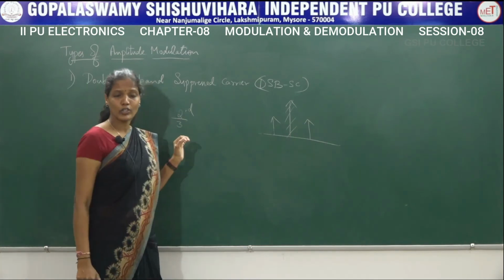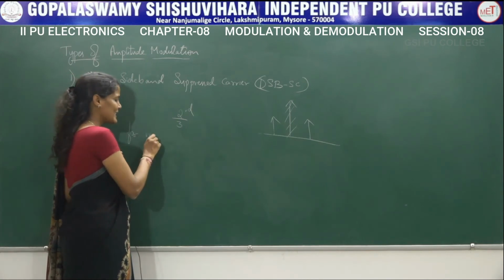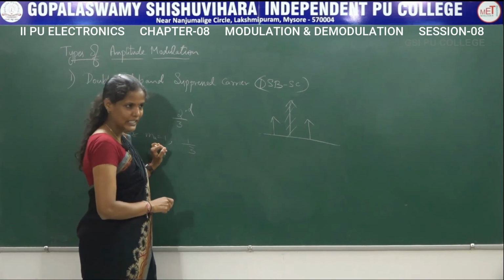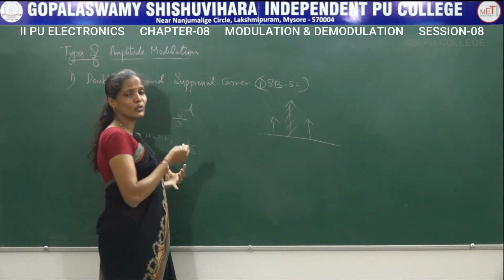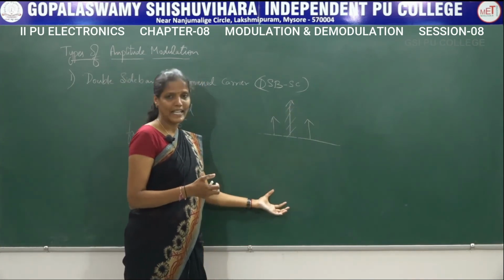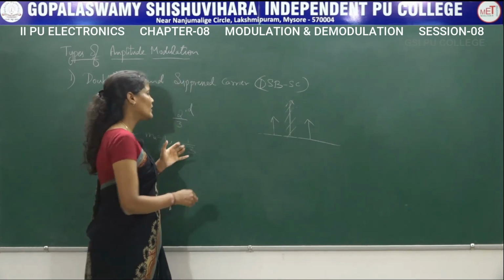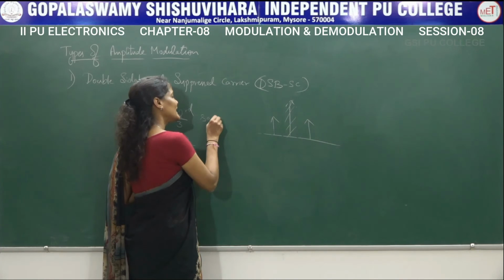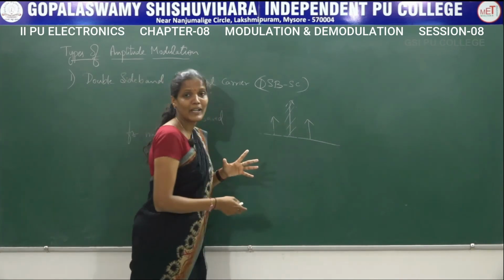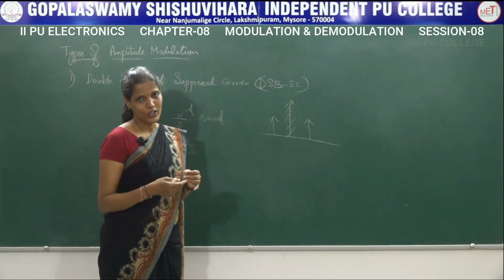That is for maximum modulation, that is for Ma equal to 1, I told you that only 1/3 of the total power will be utilized, and 2/3 of the total power will just go to waste, consumed by this carrier component. But when I suppress this carrier component, 2/3 of the total power will be saved, which can be used for strengthening these sideband signals only, such that the information can be transmitted over a much longer distance.